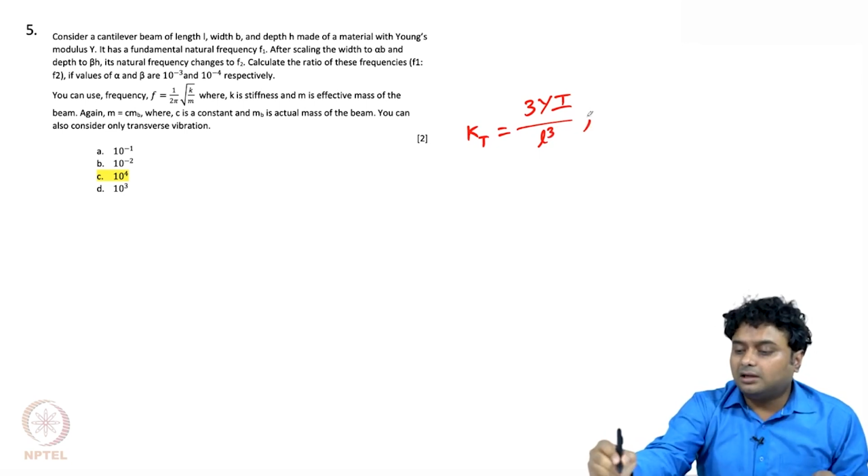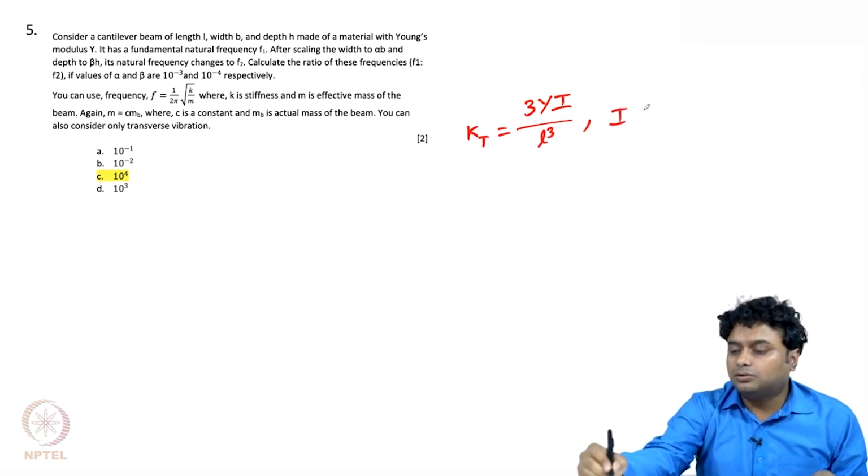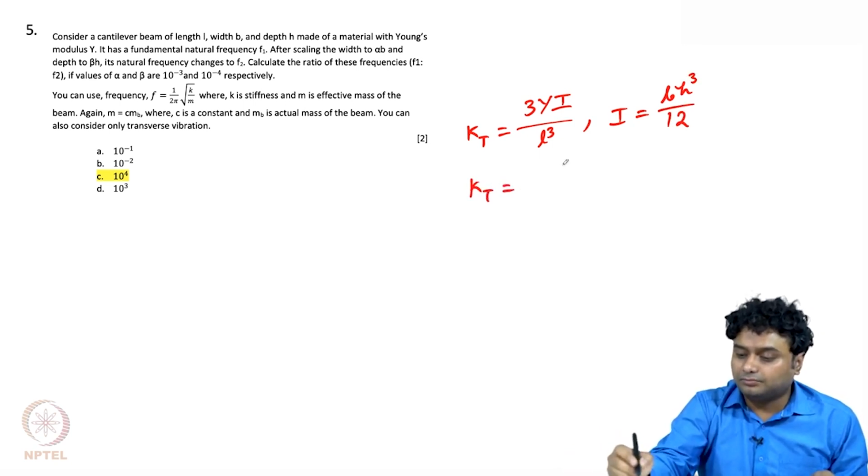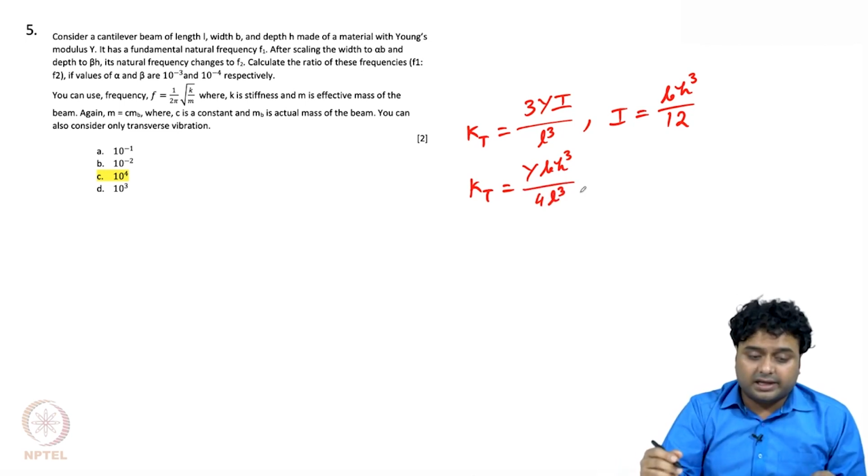We know that I equals B H cube by 12. If we put that, then it becomes Kt equals Y B H cube by 4 L cube.